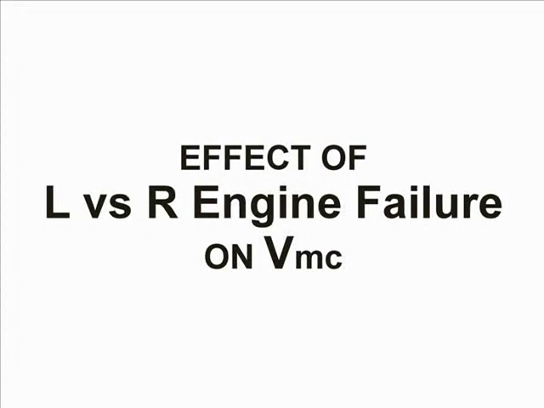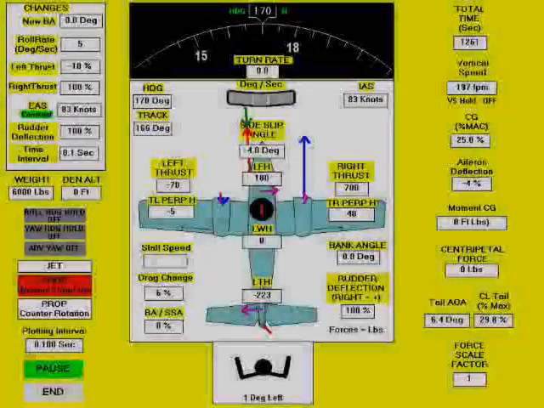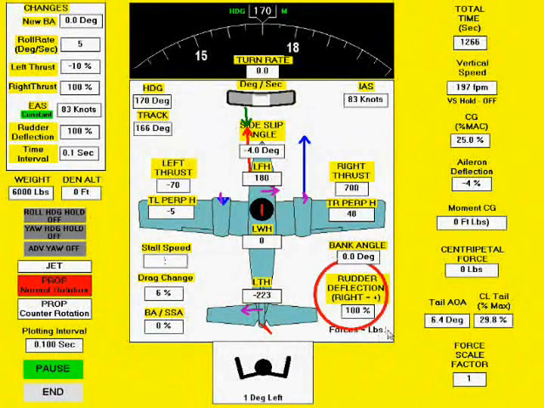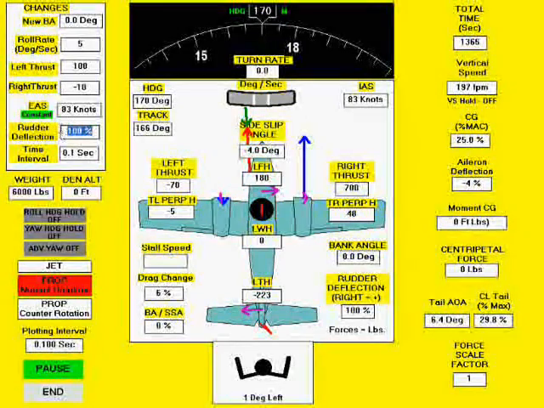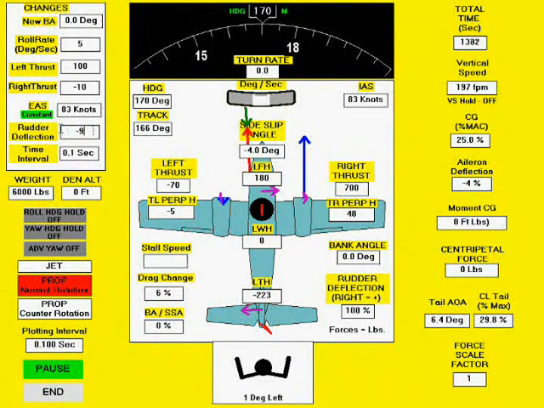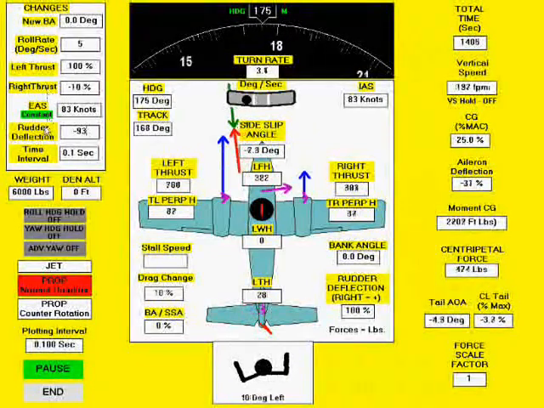At this point, let's compare the critical engine and non-critical engine VMC values. With the critical left engine failed, we see that the wings level VMC value is 83 knots. We will now fail the non-critical right engine.